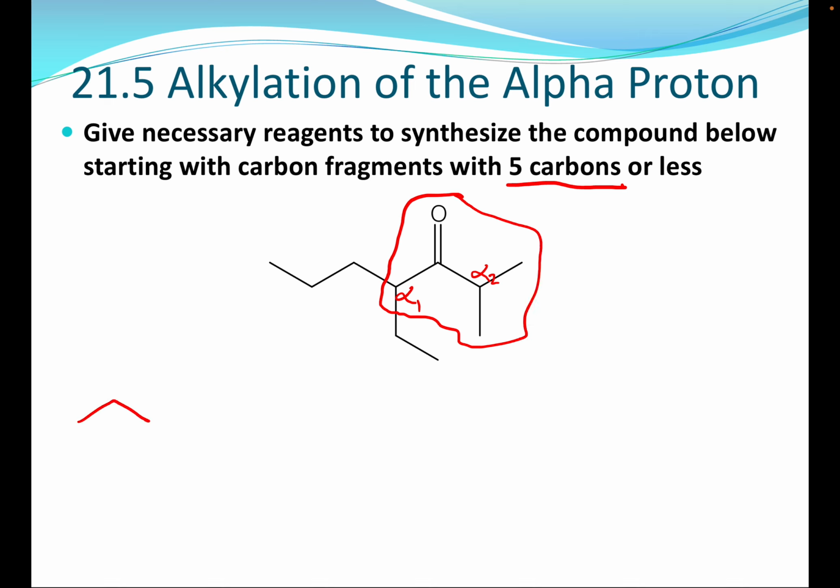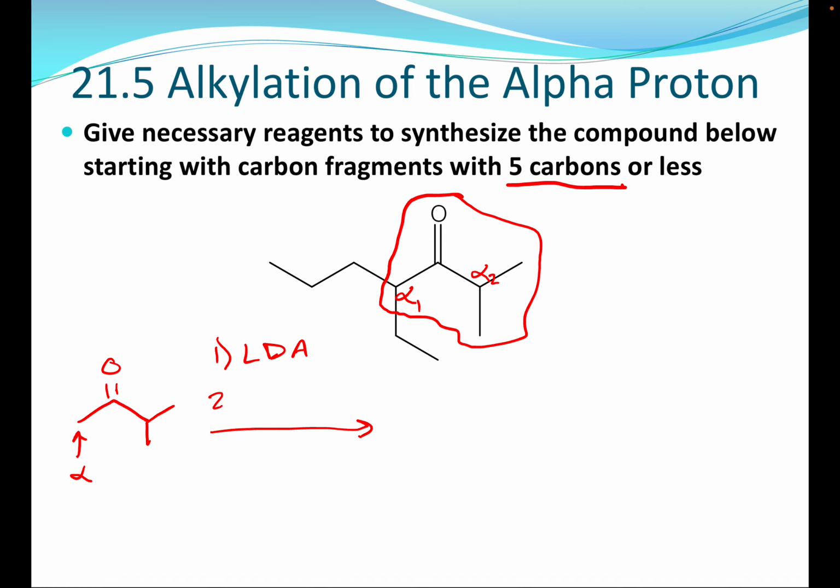Okay, so remember in our enolate reactions, the enolate retains its original structure. So here's the alpha position that will be deprotonated in this reaction, and that will allow an enolate to form to do a nucleophilic attack on an alkyl halide. So step 1 would be introducing LDA, for instance.